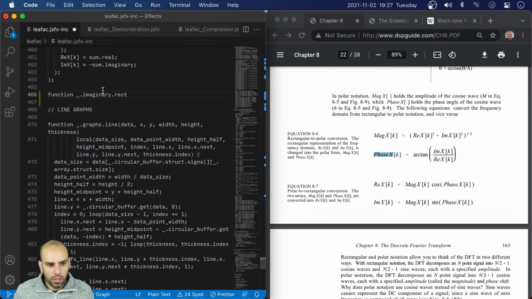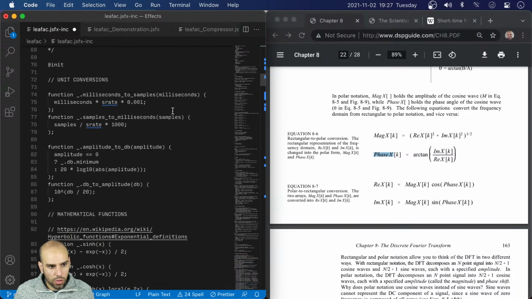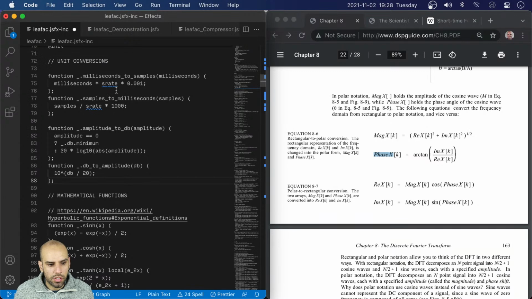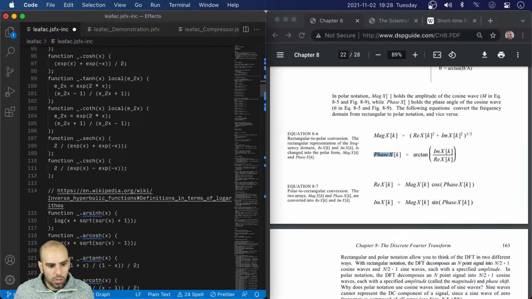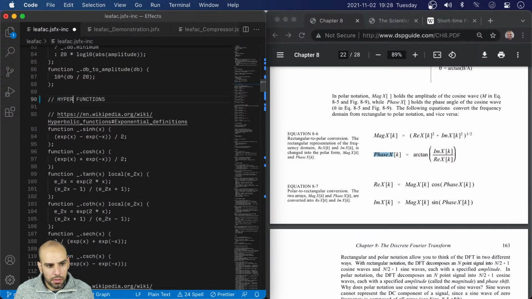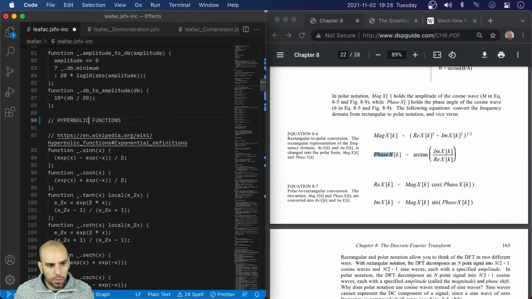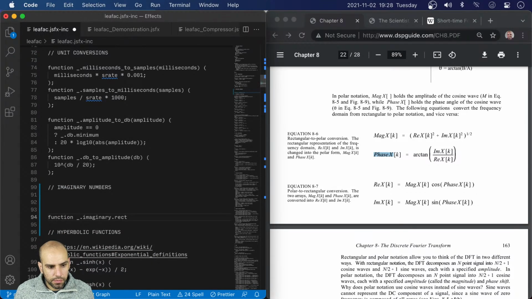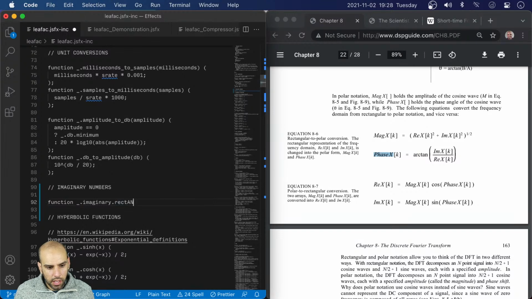Yeah, I'll give this the imaginary namespace, and I will go up and do this near the mathematical functions and the unit conversions. Maybe I'll do this below mathematical functions. Or actually, I'm going to rename this to hyperbolic functions. And I will put this, it doesn't really matter, I'll just put it here. There you go. Rectangular to polar.